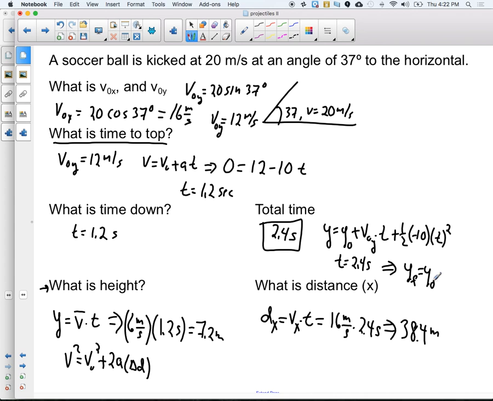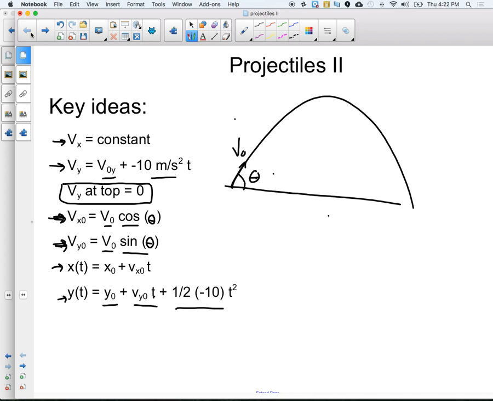I leave that for you to do at your convenience. Just to go back, one important idea here is that time up equals time down, assuming that y initial is equal to y final.